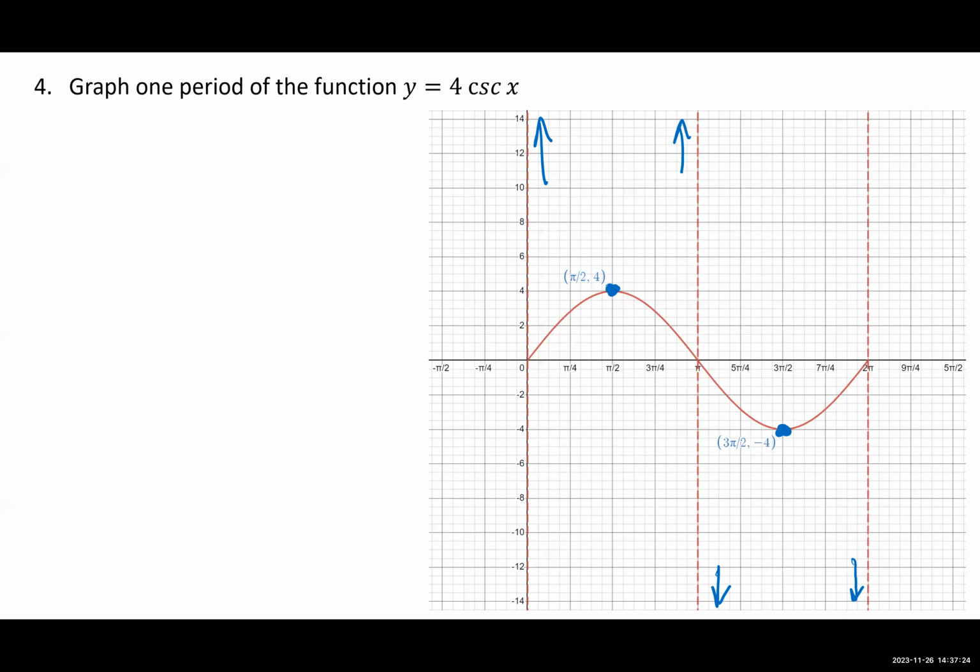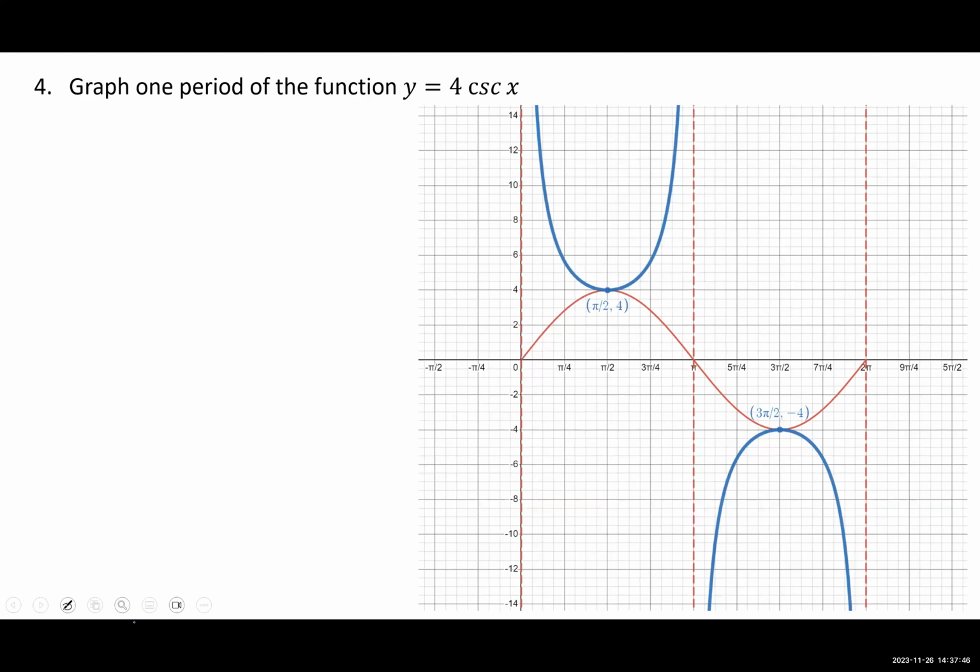And just like the sine function is smooth and continuous, the cosecant function will do the same. Smooth and continuous. And so this blue one, it's not a parabola.